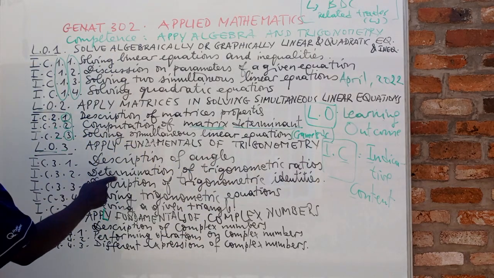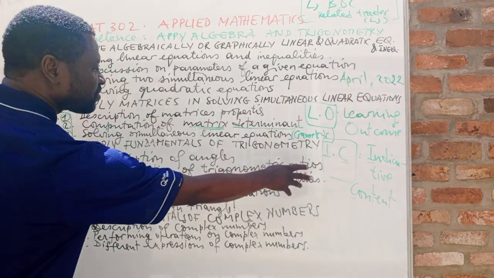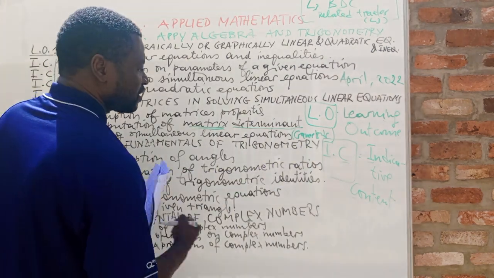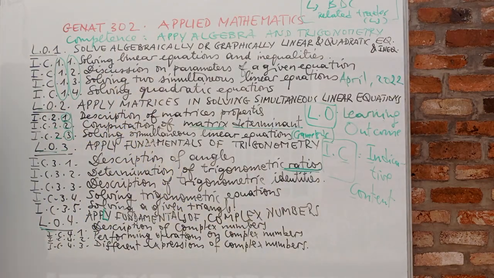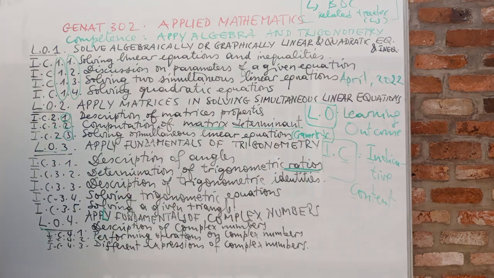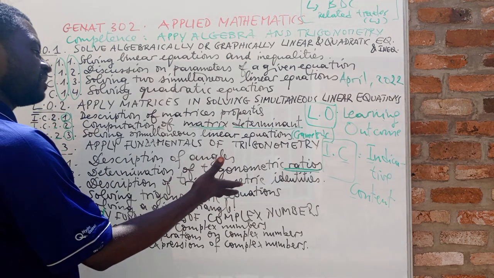Indicative content number 2, we determine trigonometric ratios. We define and determine what a trigonometric ratio is. Number 3, description of trigonometric identities. We have different trigonometric identities, so we try to describe them.